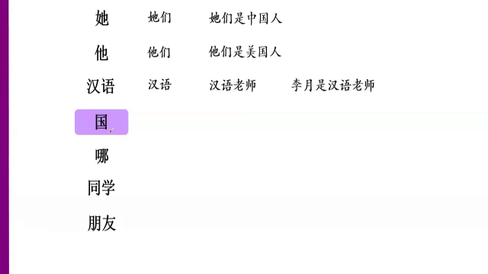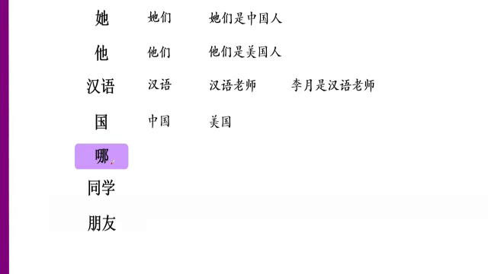What's the meaning of this new word? It means country or nation. Okay, go on. 中国, Zhongguo, China. 美国, Meiguo. What's the meaning? America. Okay.